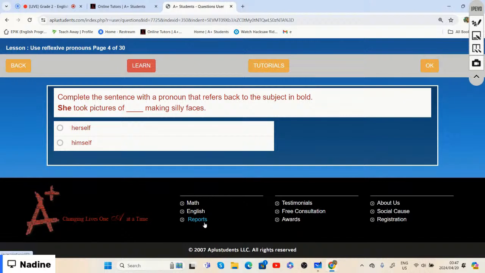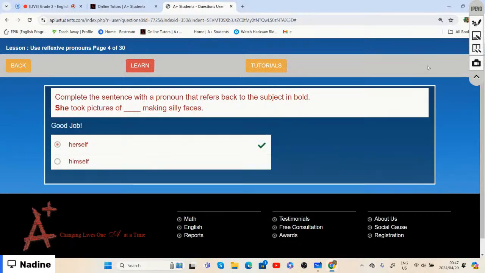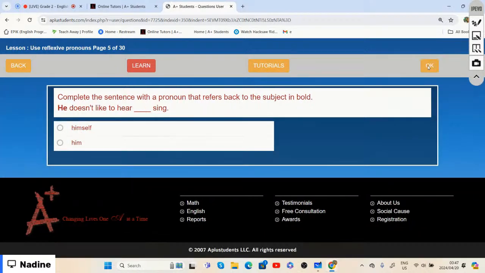So remember, our reflexive pronoun refers back to the subject. So she, who's a girl, right? Yes, and we can say she took pictures of herself making silly faces. So well done, guys.